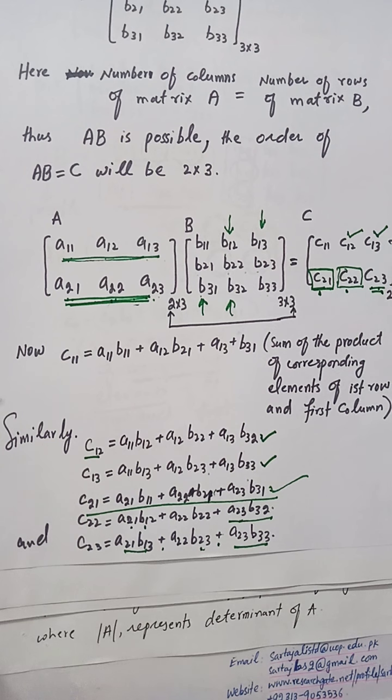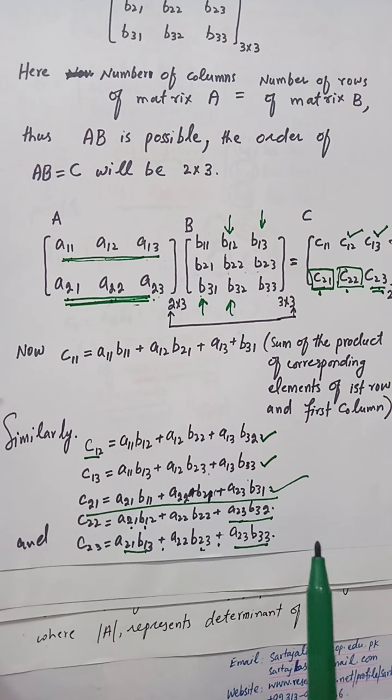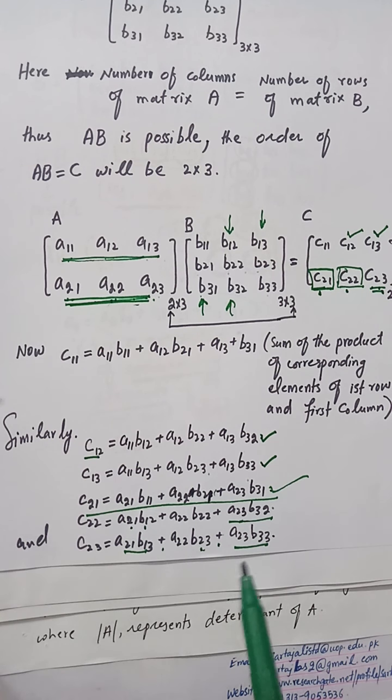So this is the way of multiplying two matrices. First of all, you will check the condition for conformability. The condition for conformability is that if the number of columns of the first matrix is equal to the number of rows of the second matrix, then both the matrices are conformable for multiplication.